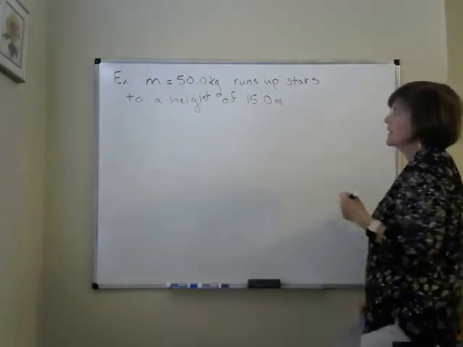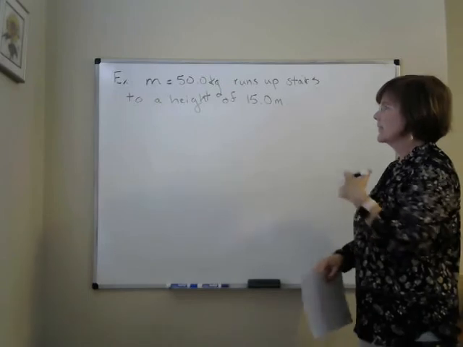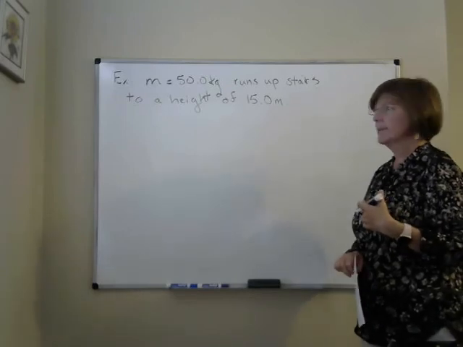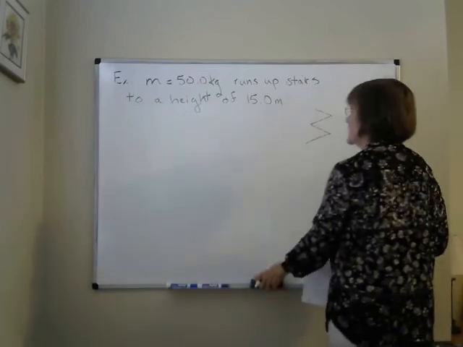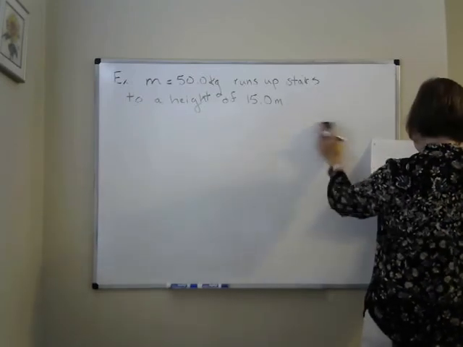So we've got a 50-kilogram marathon runner running up flights of stairs. Doesn't have to be running up in a straight line. I'm sure there are stairs, like stairs do.